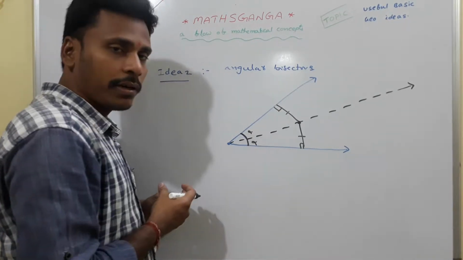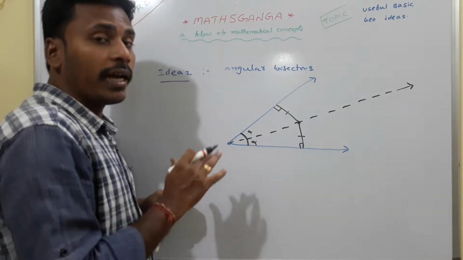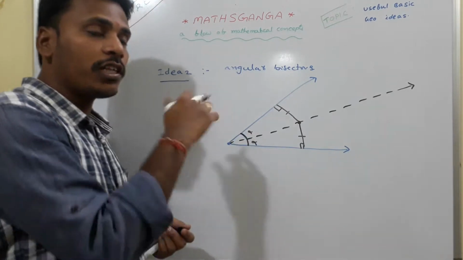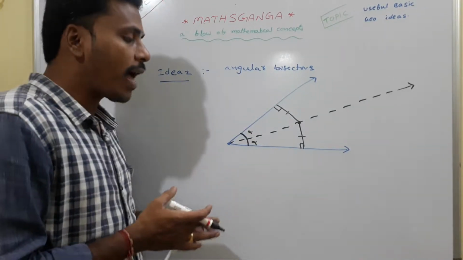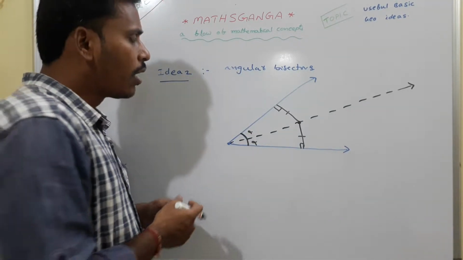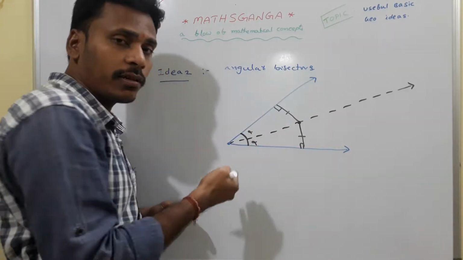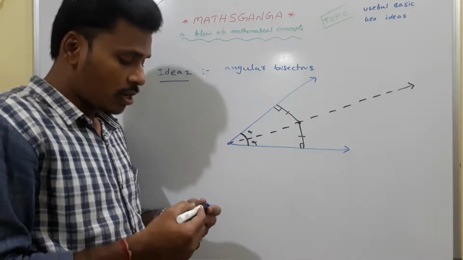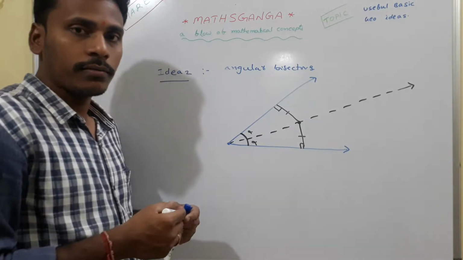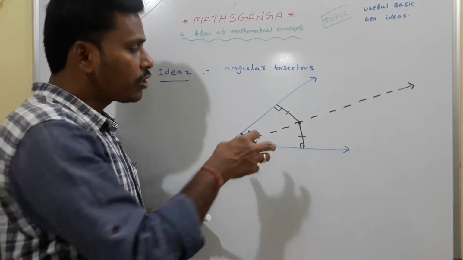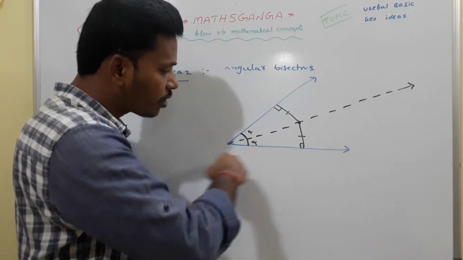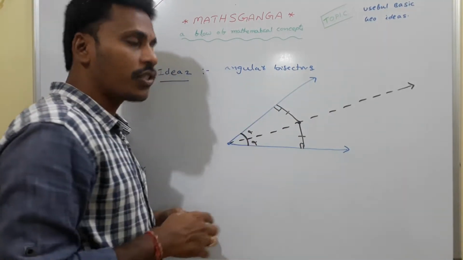This idea of angular bisector solves many problems in different situations. Again, as we discussed in idea 1, for example, I have two streets. This is one street and this is another street. I need to establish a bookstall or a supermarket which is near to the houses in this street as well as houses in this street.